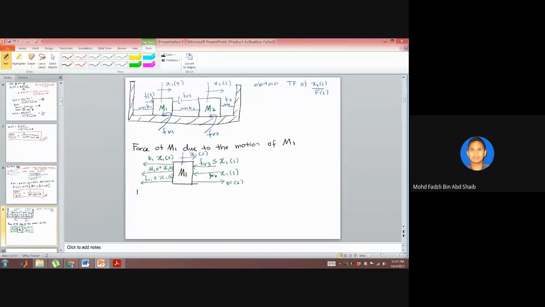Now we need to find the force of M1 due to the motion of M2. Still M1.